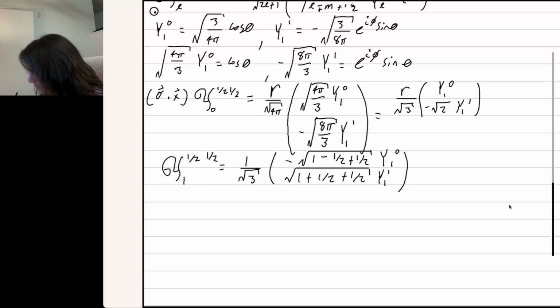Alright, so the normalization up top is 1. I'm going to factor out a minus sign as well to bring the minus sign down bottom. So we have Y10 and minus root 2 Y11.